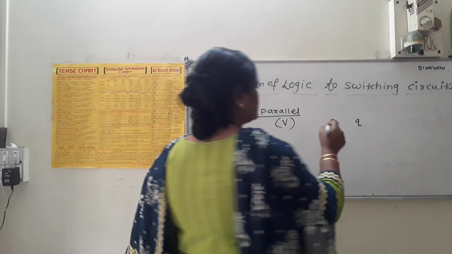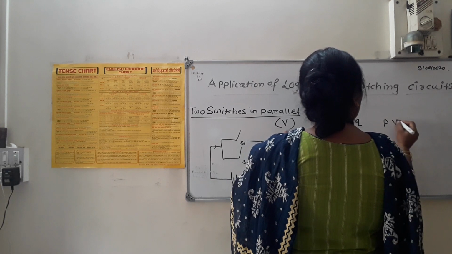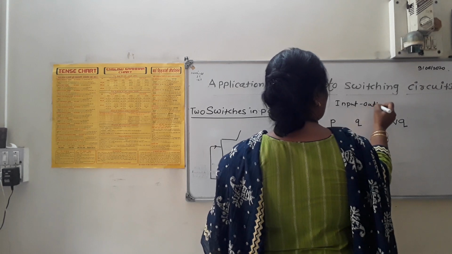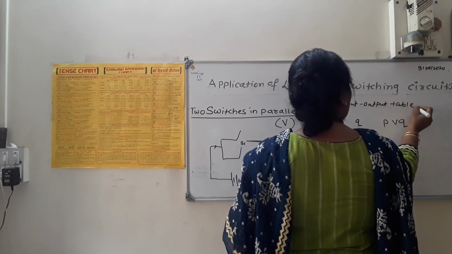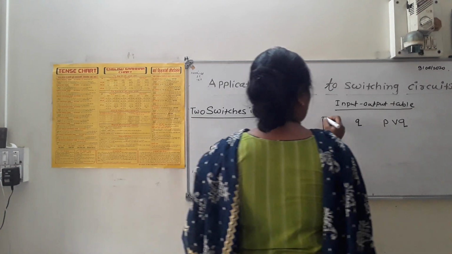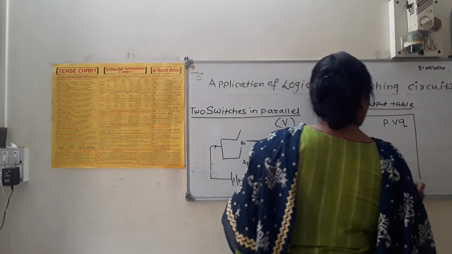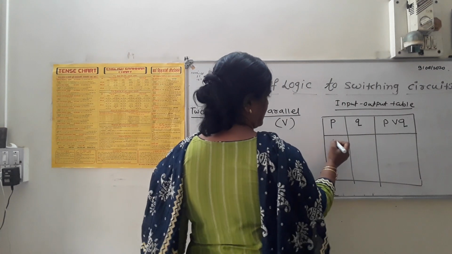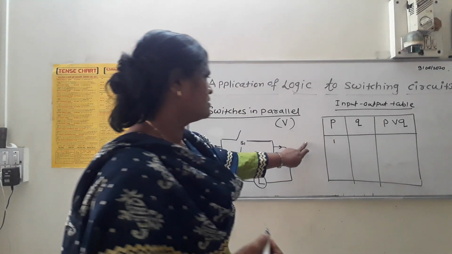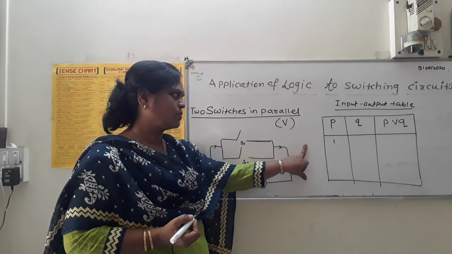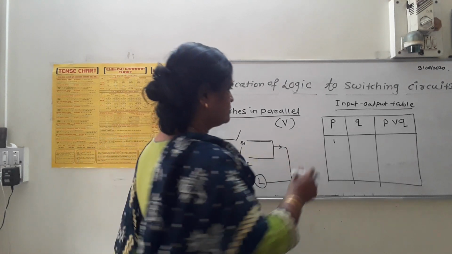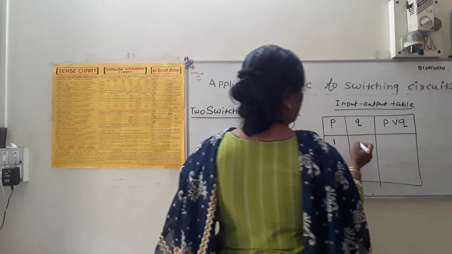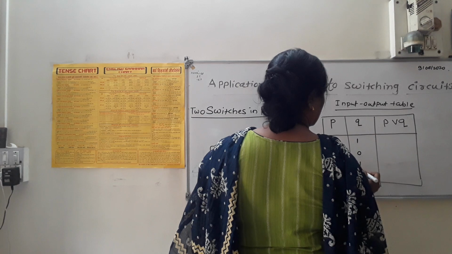Now here, P or Q. This is the input and output table. Here 1 represents true, so 1 1 0 0 and 1 0 1 0.